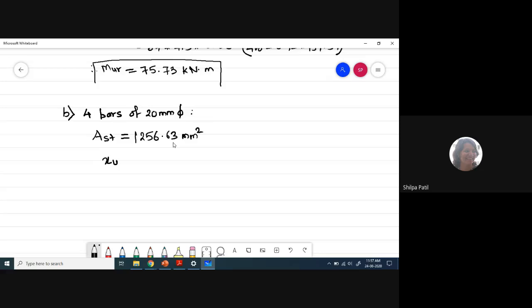I am directly writing the XU value once you do the calculation and tell me the value. 315.07 mm. Correct. XU max value, will it remain the same? 192. Yes, for the earlier case, we have already found 192.